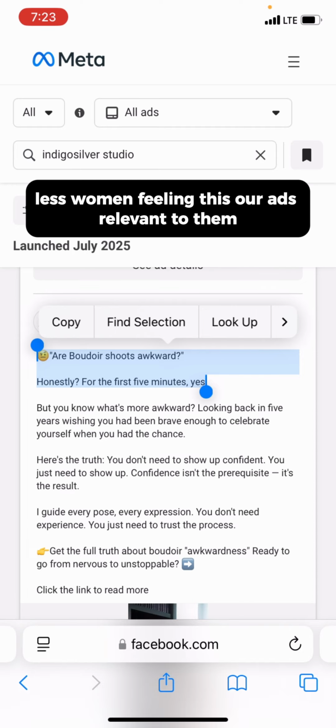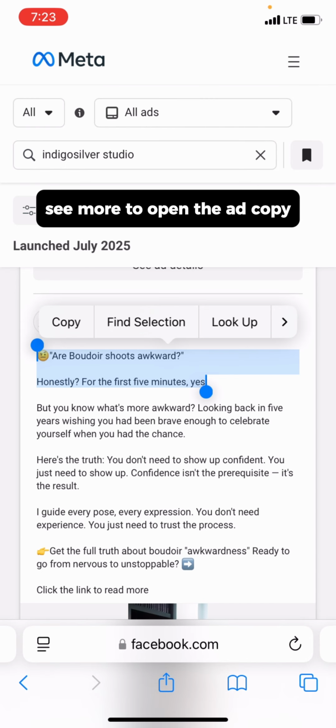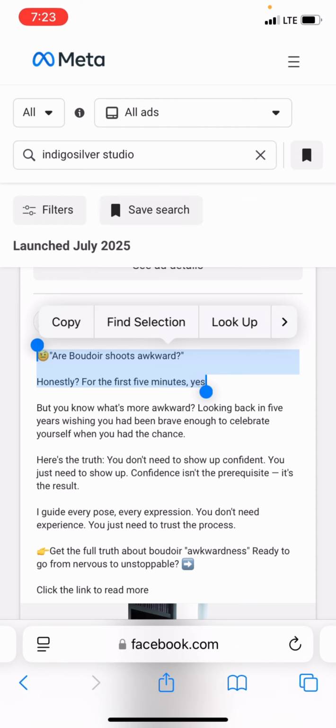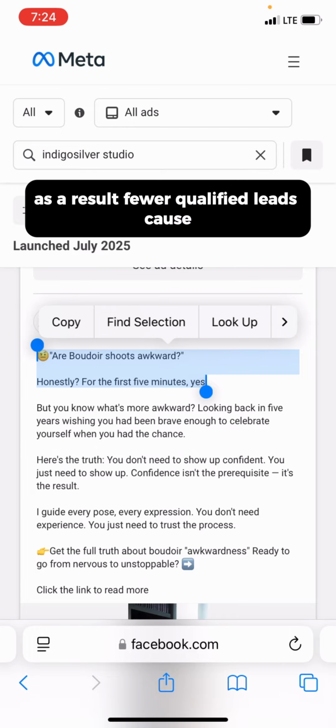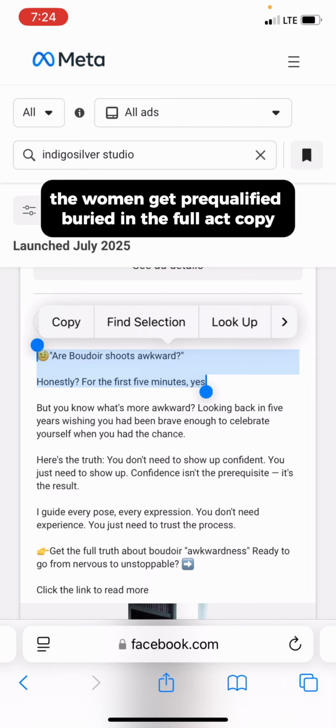So we're going to have fewer women feeling our ad's relevant to them. So fewer women clicking see more to open the ad copy. So we're having fewer women reading and consuming the full ad copy. And as a result, fewer qualified leads, because the women get pre-qualified by reading the full ad copy.